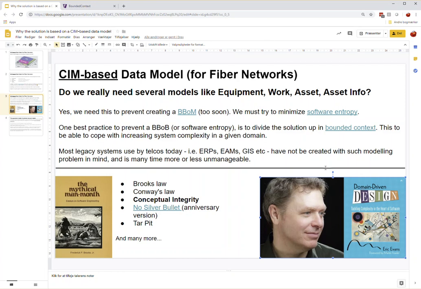He was the one who talked about the bounded context and so forth. It makes a lot of sense to use some of the principles from his ideas, because the system will be much better.